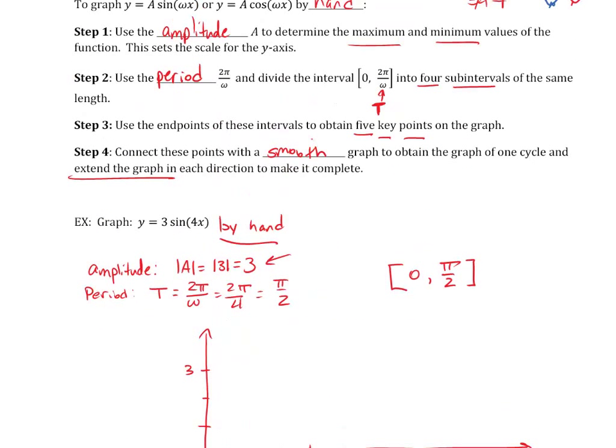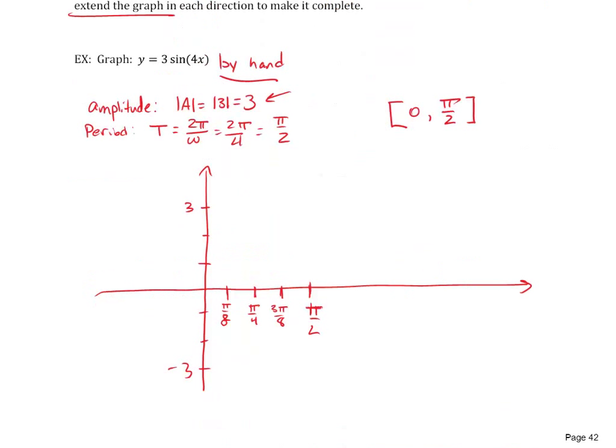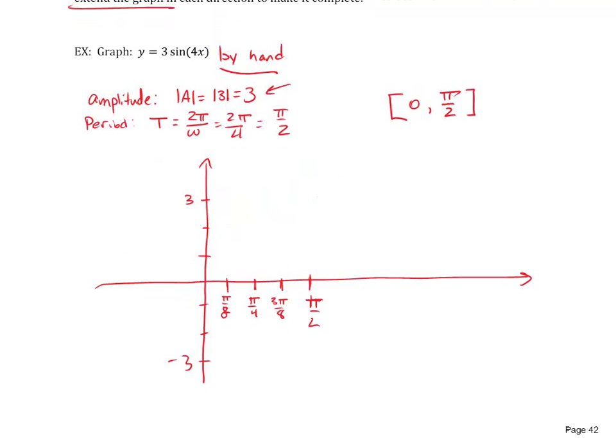Now, sorry about that. Let's jump back up. All right, since it's a sine wave, it's going to go from 0 up to the highest point, back down to the middle, back down to the lowest point, and back up. So then you connect this with a smooth curve.